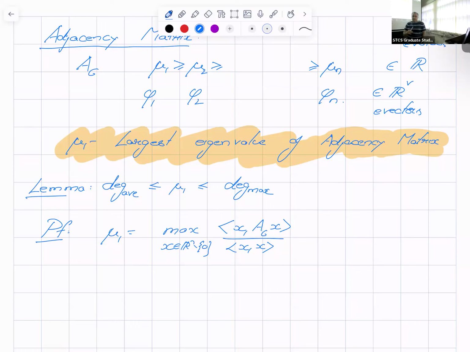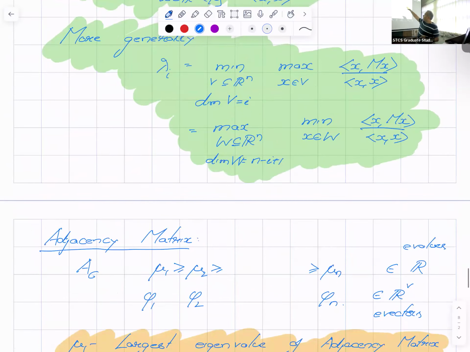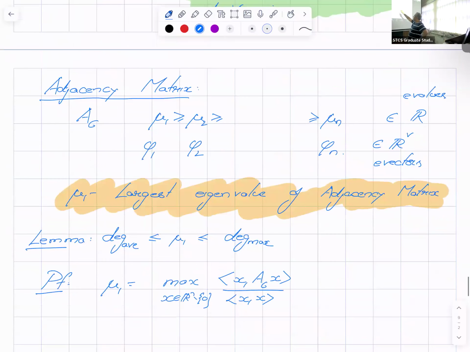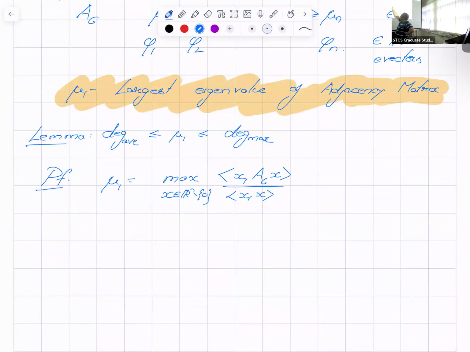That's the reason these characterizations are nice. They give you upper and lower bounds, and because Courant-Fisher has both a max form and a min form, it will give you bounds in both directions. But let's look at this. I want to show it is larger than the average degree, so it's sufficient for me to choose a particular value of x. That's the first choice you try.